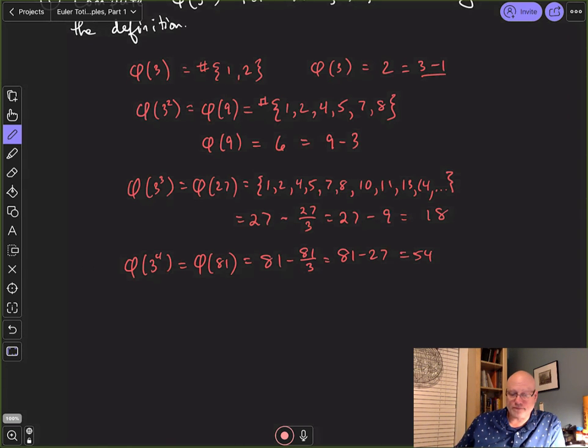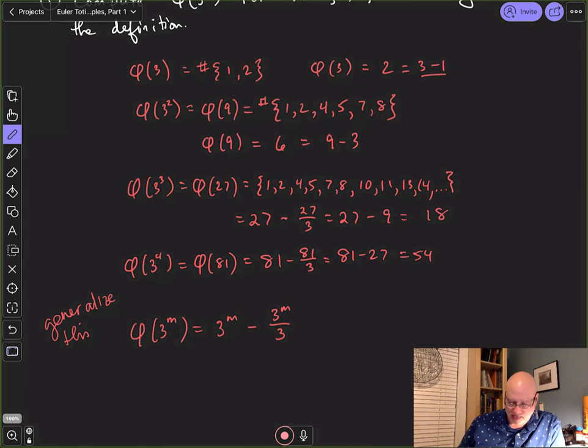We don't really have to go any further than this, but let's generalize this because that's going to be helpful. If we generalize this statement for the totient function, then phi of 3 to the m is 3 to the m, the total number of elements in that set, minus 1/3 of them.